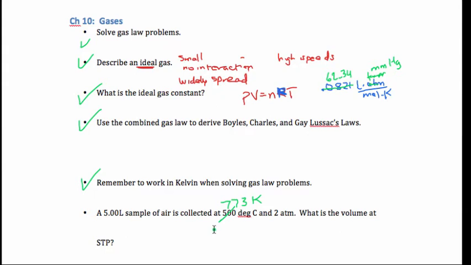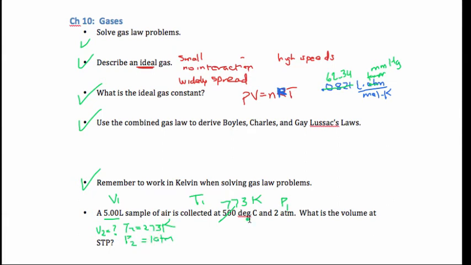What kind of a problem is this? Let's see. I know a volume. That's V1, we'll say. Here's T1, the original temperature, and the original pressure. What's the volume at STP is code for V2 equals, that's what we're finding, but T2 is 273, and P2 is 1 atmosphere.